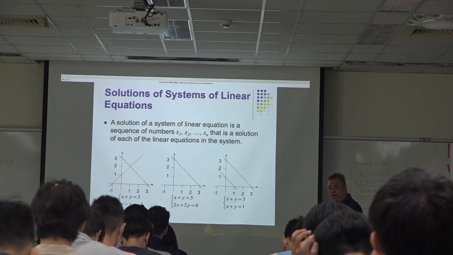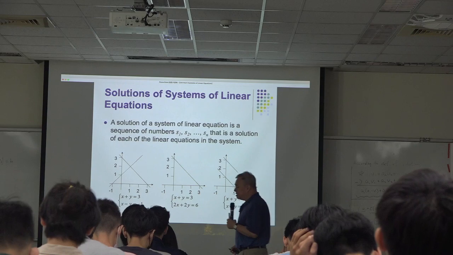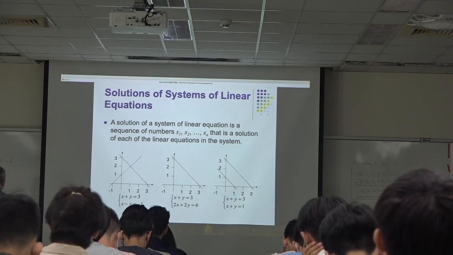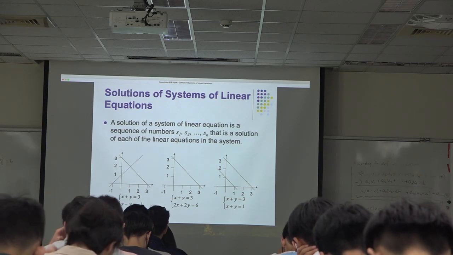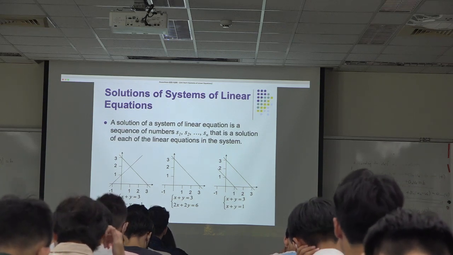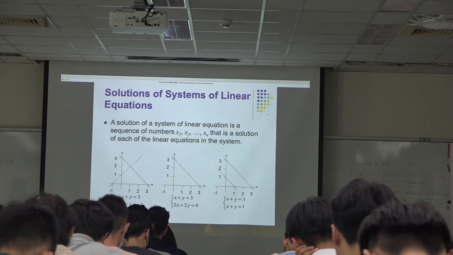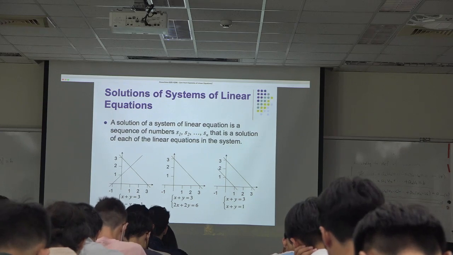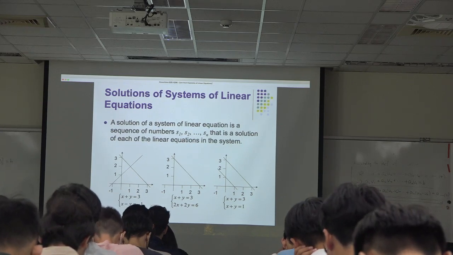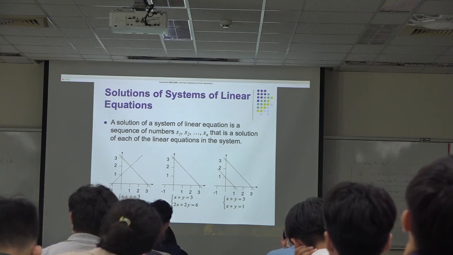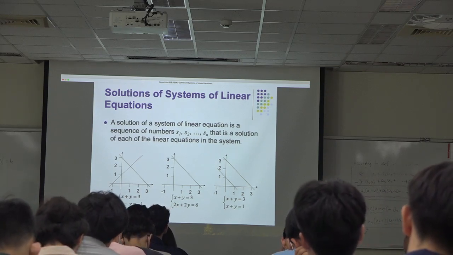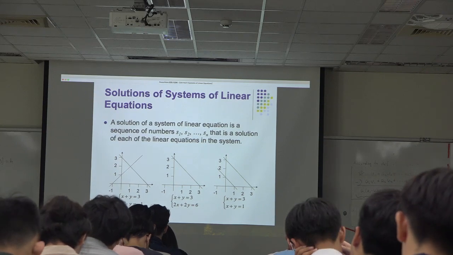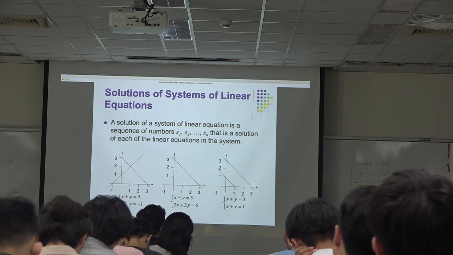If you are in high school, you know that for a linear system with 2 variables, each linear equation can be drawn on 2-dimensional coordinates as one straight line.